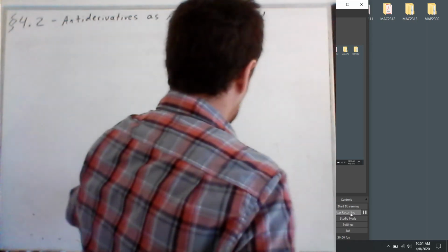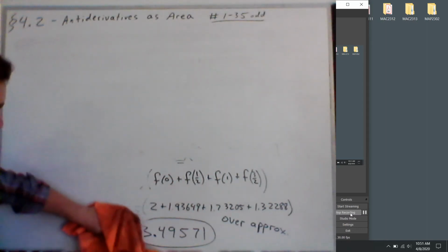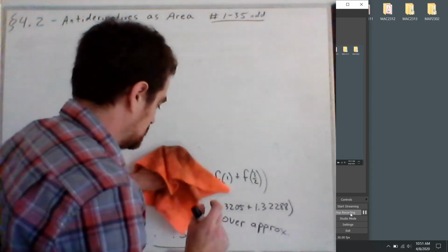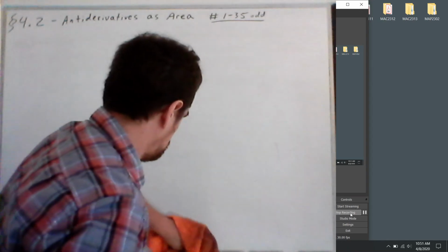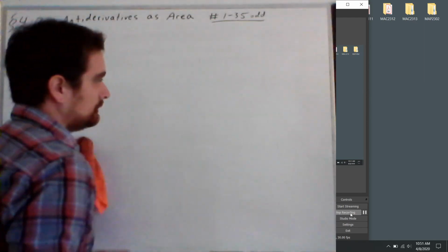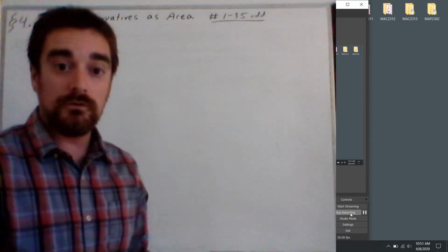If you do it with the midpoints, you'll probably get very close to pi, but as you go out a couple decimal places, you'll realize you're off by just a little bit. You're not getting the exact answer.